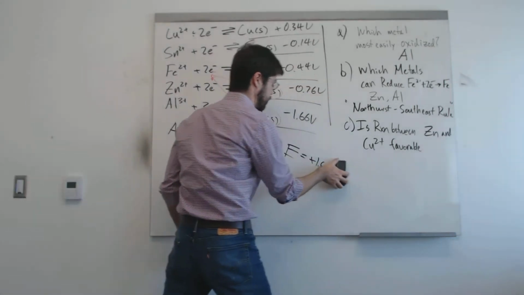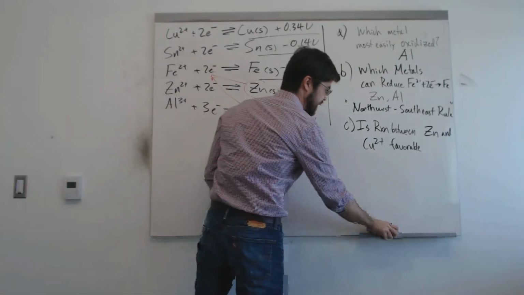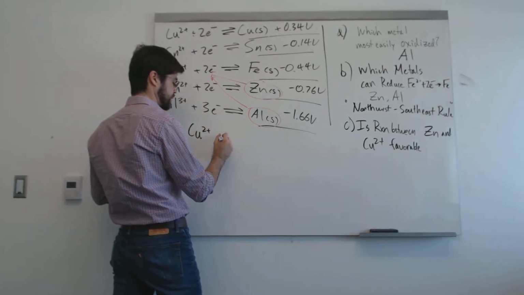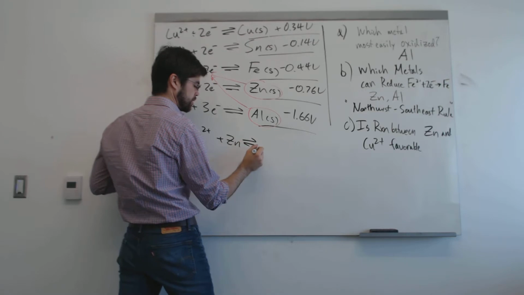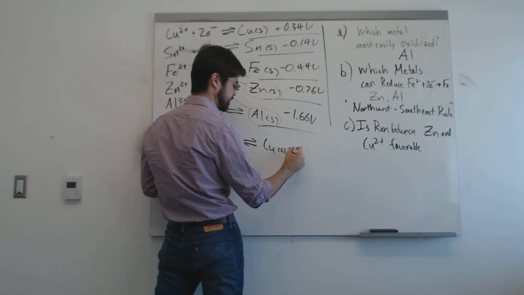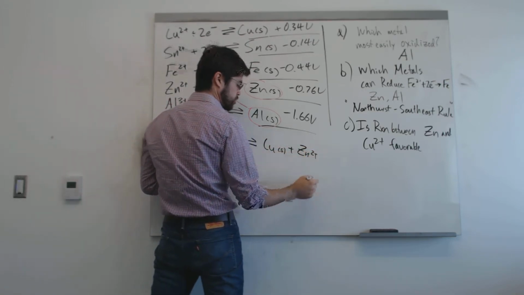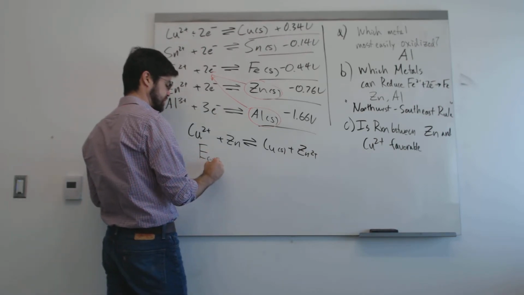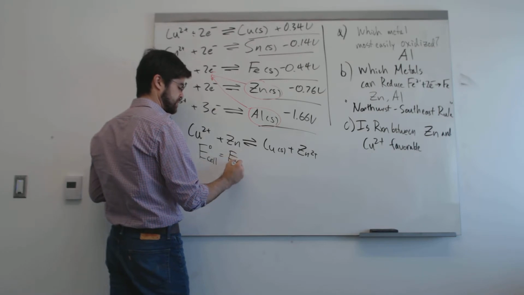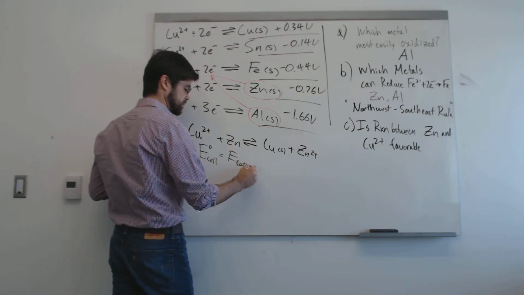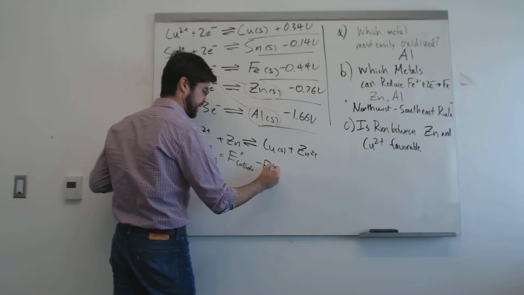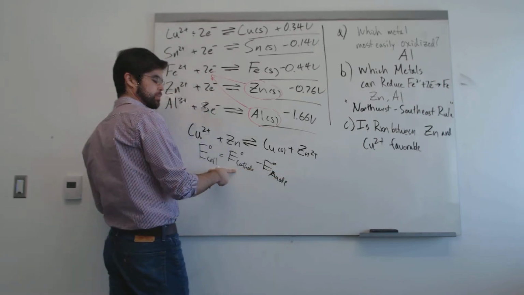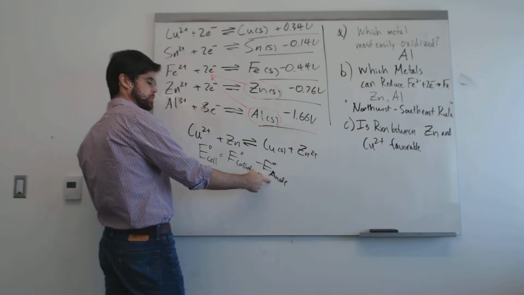If I wanted to do it even more explicitly, if I wanted to actually calculate it, well, if I have a reaction here between copper 2 plus and zinc going to copper solid and zinc 2 plus, I would say, well, the reaction will be spontaneous if the cell potential is positive. So I could try calculating this explicitly by calculating the difference between the standard reduction potentials of the cathode versus the anode.